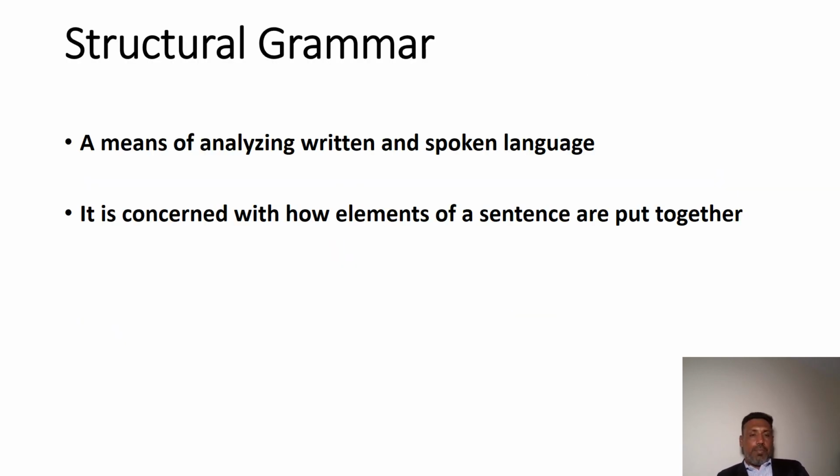Structural grammar. What is this structural grammar? Till now, we were discussing structure. We understood what structure is, how important structure is. Now, it is structural grammar. A means of analyzing written and spoken language.